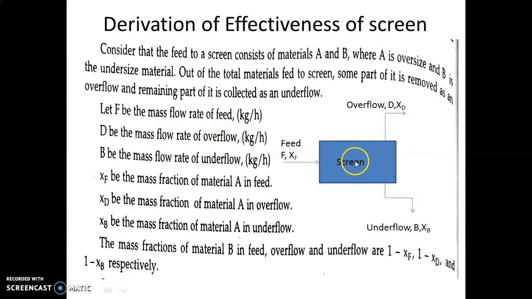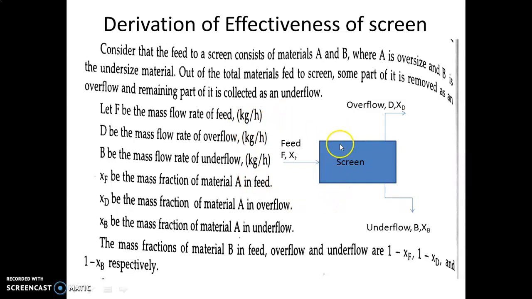Then after screening the material is separated. D is the mass flow rate of overflow, and B is the mass flow rate of underflow, which is in kg per hour. So the unit of the mass flow rate is kg per hour.